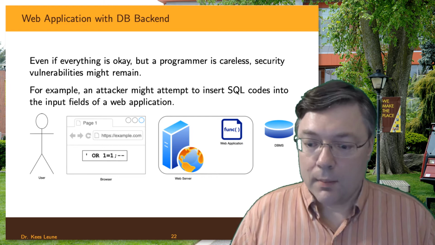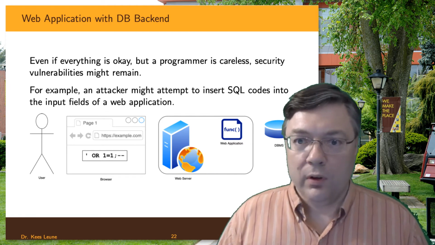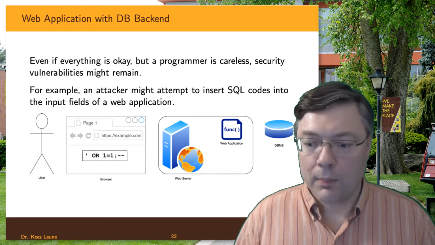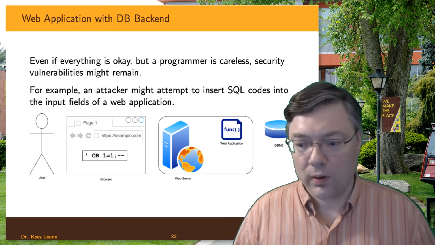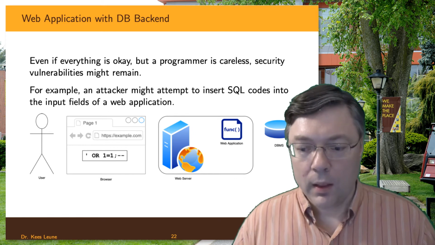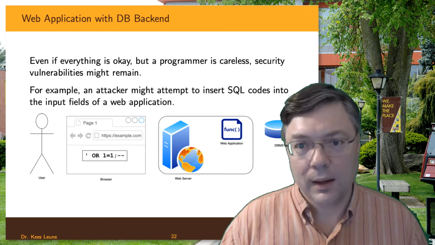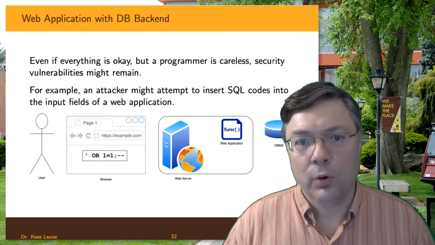So I might have my URL, example.com, and I might have some form data that I'm posting to my web application that is running on the web server. The web application will also consult a DBMS in the back end to run some queries, which then return some output to the end user. In this particular case, there is a field in my web application that is vulnerable to a specific type of problem called SQL injection.